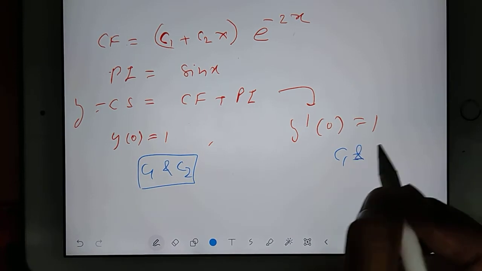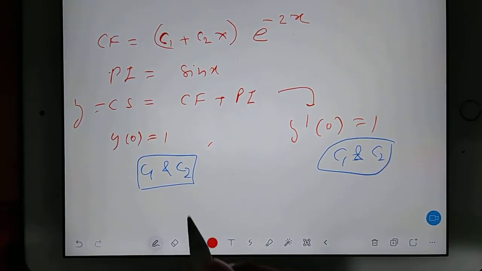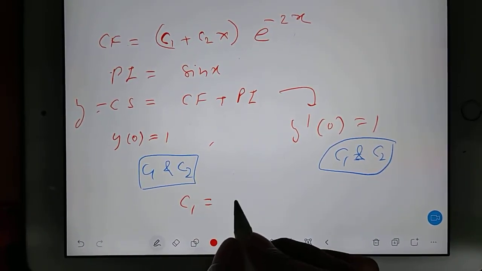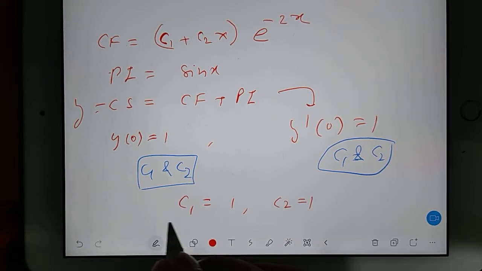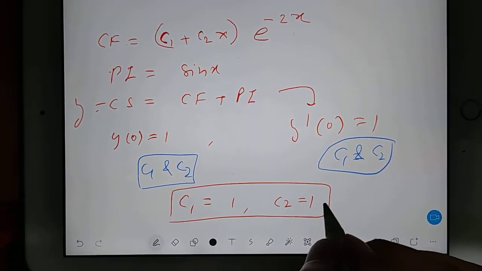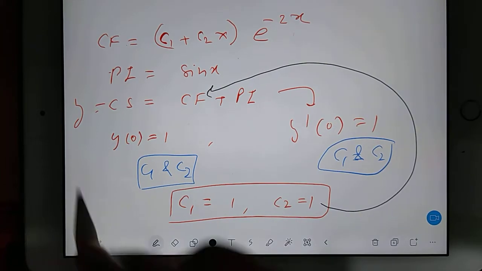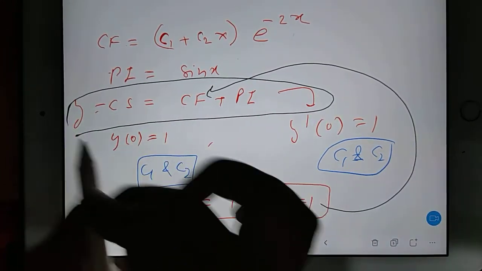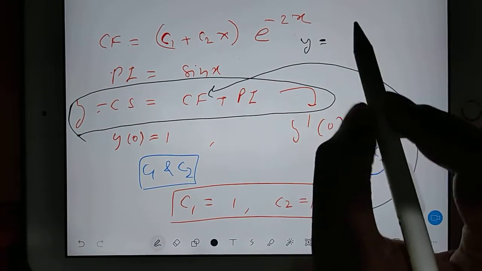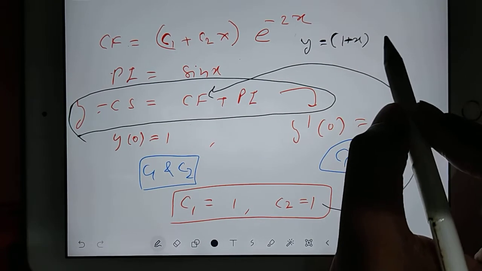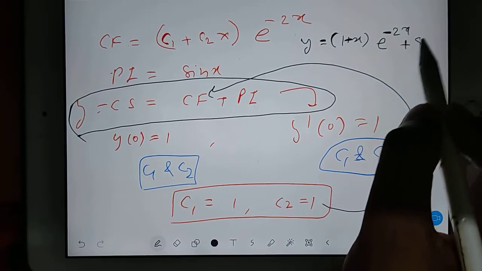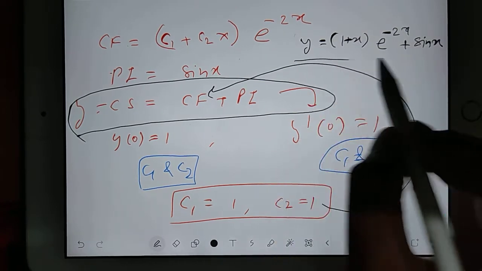Solve both equations, you'll get C1 is equal to 1 and C2 is equal to 1. This set of values you put back into CF, then you get the final equation of y. That equation will be y is equal to (1 plus x) e power minus 2x plus sin x.